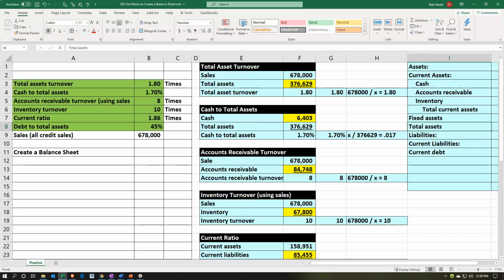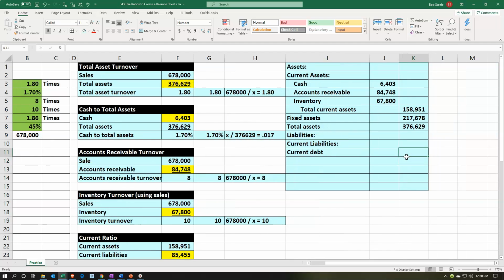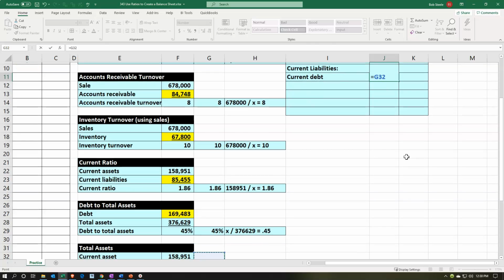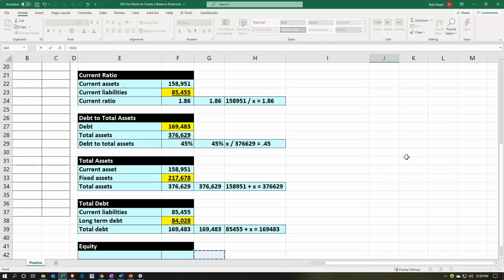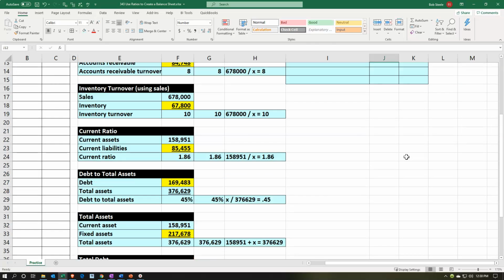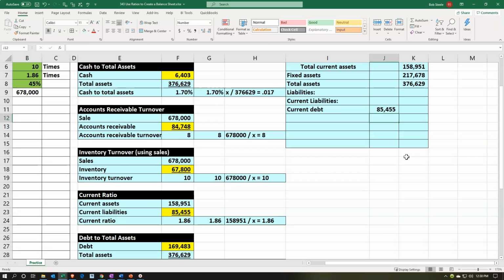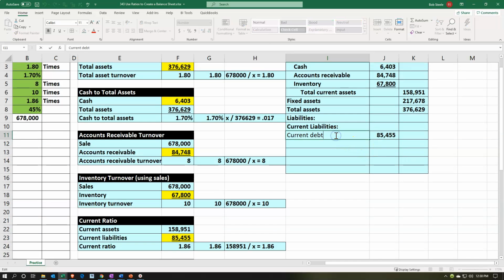So now if I go back up top to our balance sheet, the current debt is going to be equal to the current liabilities, we'll call it current debt.